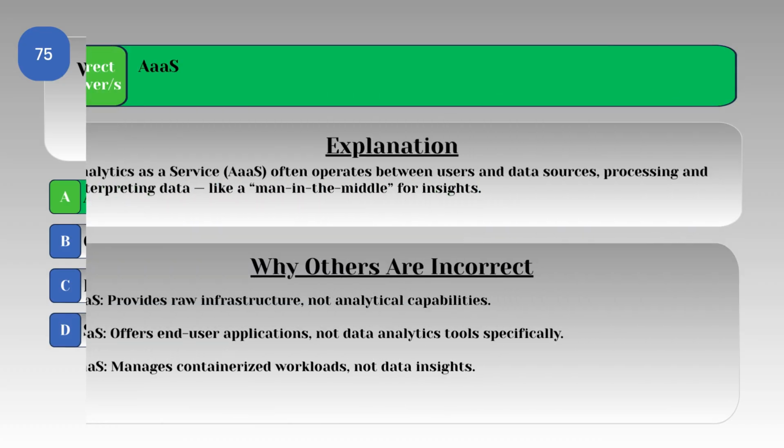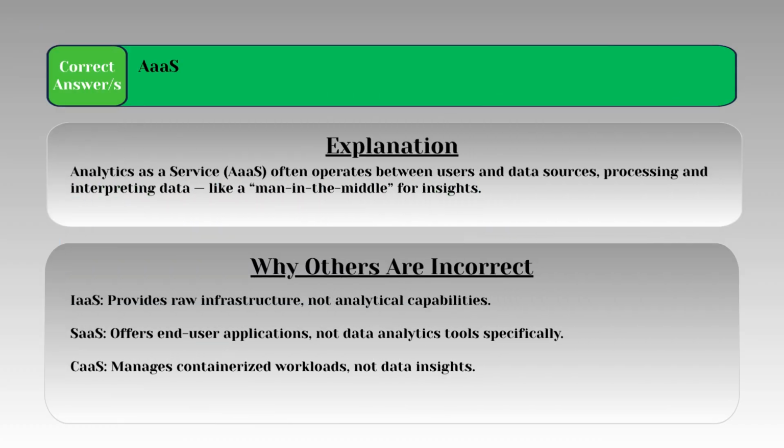Explanation: analytics as a service often operates between users and data sources, processing and interpreting data like a man in the middle for insights. Why others are incorrect: IaaS provides raw infrastructure, not analytical capabilities. SaaS offers end-user applications, not data analytics tools specifically. CaaS manages containerized workloads, not data insights.